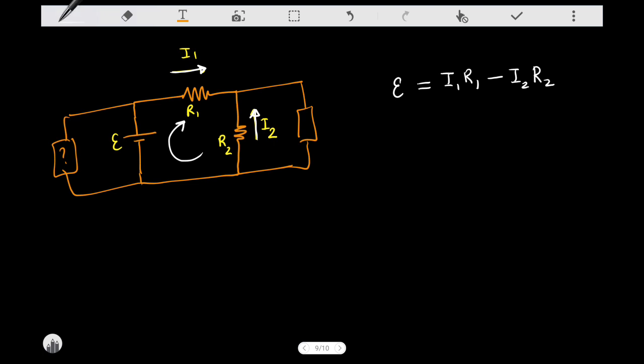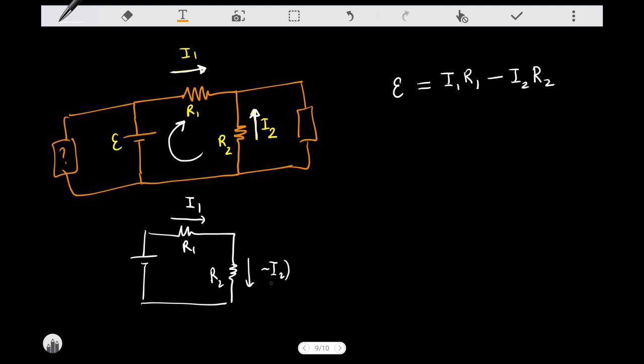Okay, I can also explain it like that. All right, let me draw that part of the circuit again. Okay, so the current on R1 towards right is equal to I1. That's, of course, the original direction that it is measured. And the current on R2 in the downward direction is minus I2. So that's the current in here. And that's the EMF.